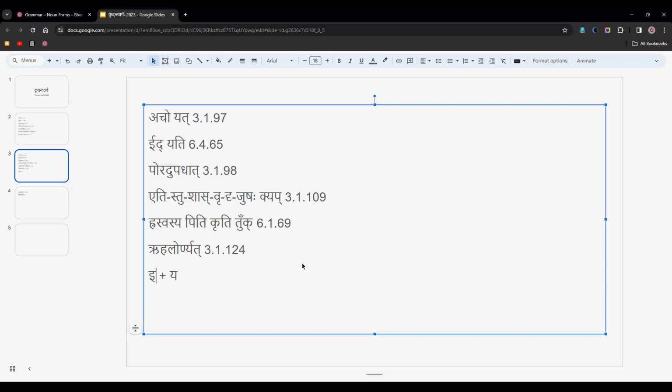So what happens here, the nakara goes away in the dhatu, and so ya remains there. In this state, again, what we have is rasvasya piti kruti tuk. This is pit, because it is kyap, and after e, because it's rasva, the short letter, ta is inserted here because of rasvasya piti kruti tuk. So here we have itya.